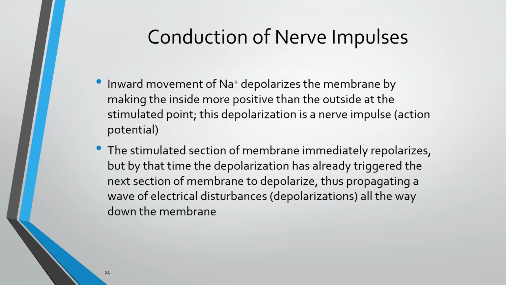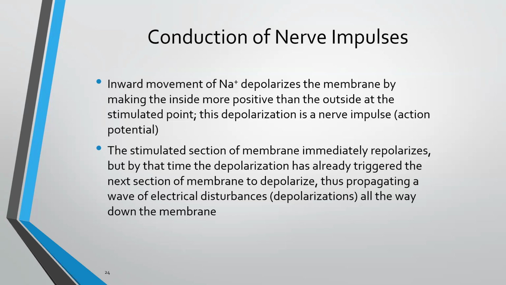And when this happens, the stimulated section of the membrane immediately repolarizes, meaning some of the potassium inside the nerve is going to go outside of the nerve, trying to repolarize and get back to the resting balance from positive to negative.